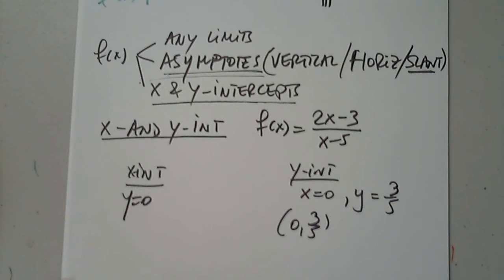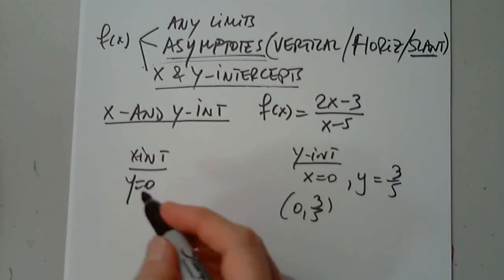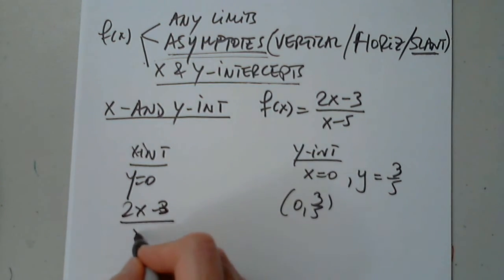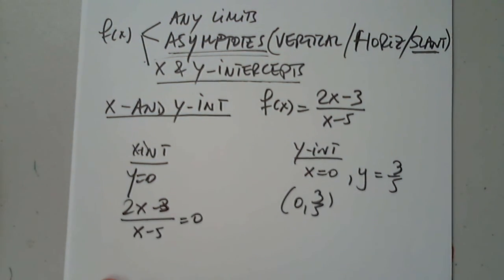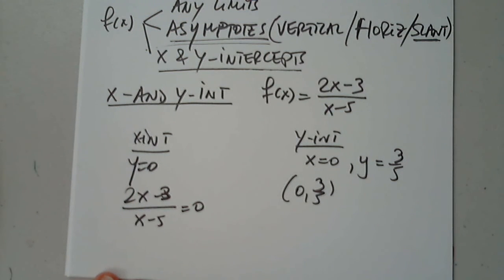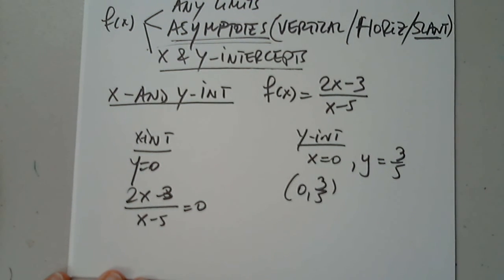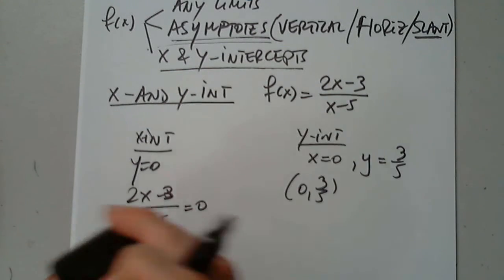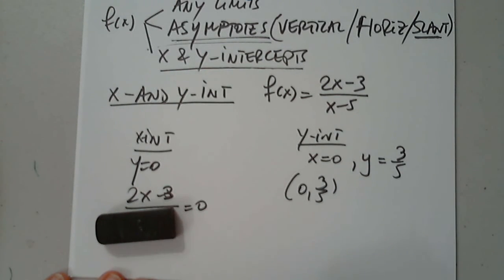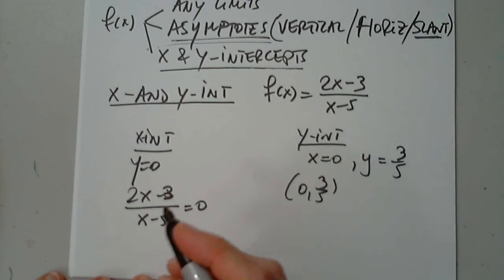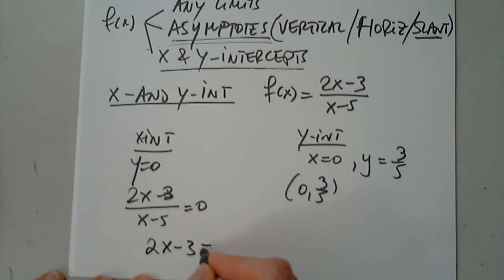Now let's find y equals 0. Solve the equation y equals 0. 2x minus 3 over x minus 5 equals 0. When is a fraction 0? When the numerator is 0. Excellent, of course. When the denominator is 0, we have another situation. Excellent. So 2x minus 3 equals 0.